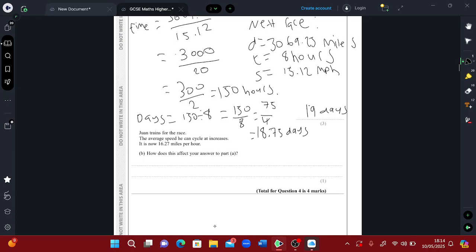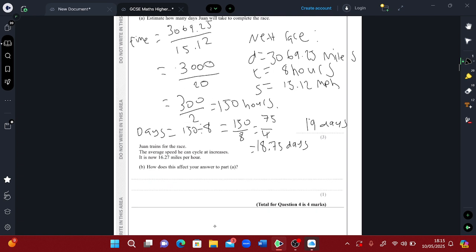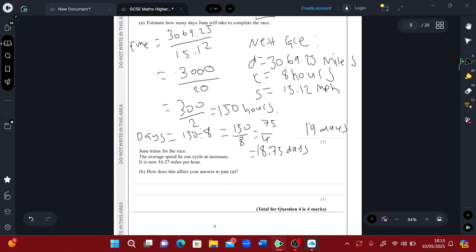Anyway, so one then trains for the race. The average speed increases. So how does this affect your answer to part A? Okay, so they give you the number here. Well, we know the new time then would be. Well, it doesn't, does it? Because if you remember, we rounded 15 up to 20.